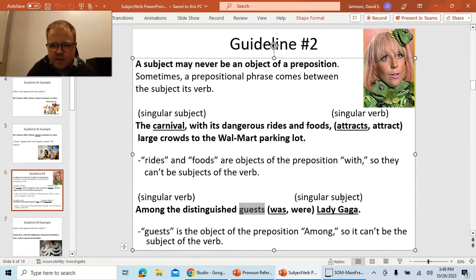But Lady Gaga is a singular person, and so if we were saying that Lady Gaga was among the guests, we would use was. We can shift the order around in the sentence, too, to make it make sense. We can say, Lady Gaga was among the distinguished guests, and it would make more sense.